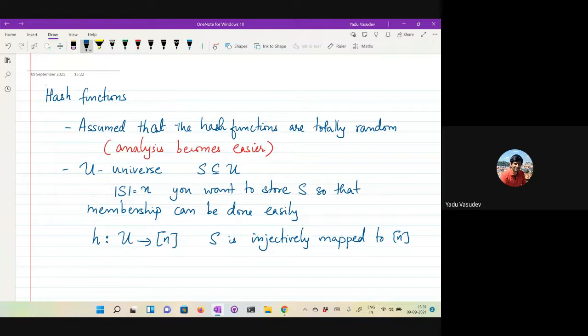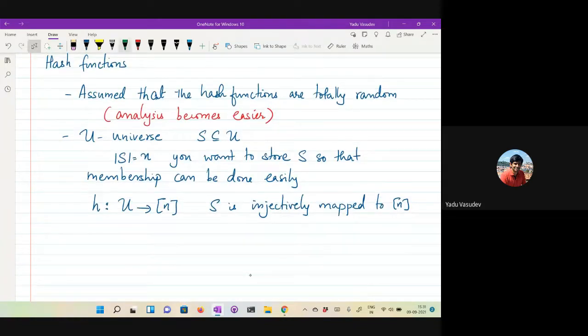So one of the crucial things that you want out of your hash function is that h is easy to store, which means it is very efficient to store, and easy to evaluate. Otherwise, the whole point of trying to represent the set in a small data structure defeats the purpose if you cannot store h itself easily.